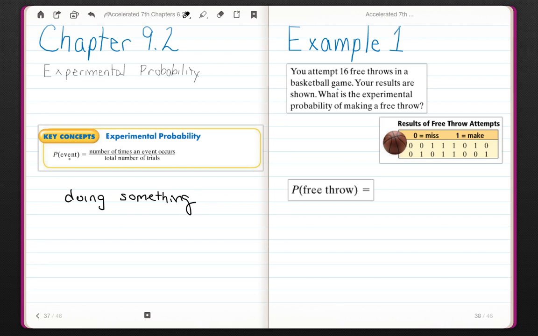The probability that an event will occur is the number of times that event occurs over the total number of trials. For example, the probability of getting heads when flipping a coin will be the number of heads that you get over the total number of times you flip.